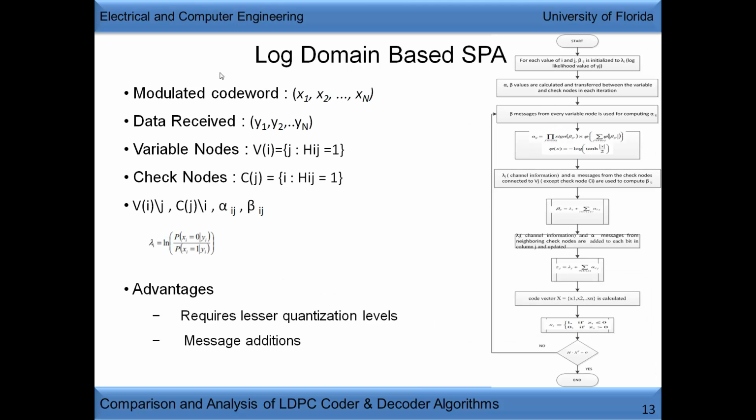Moving ahead to the log domain based sum product algorithm implementation, the modulated code word is represented by X bits, the data received is represented by Y bits, the variable nodes are represented by VI, check nodes are represented by CJ, VI\J represents the variable nodes in VI other than J, CJ\I represents the check nodes in CJ other than I, alpha ij represents a message from the check node I to variable node J, and beta ij represents a message communicated by variable node J to check node I. Lambda here represents the information from the log likelihood ratio of y, and can be represented by this formula.